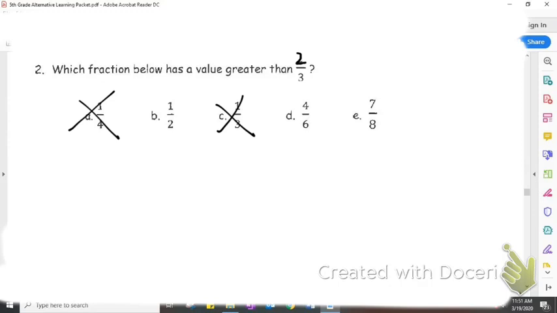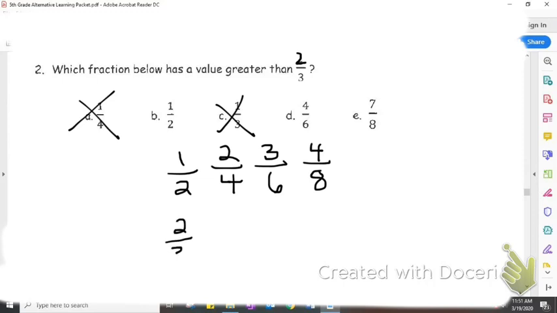Okay, let's look at 1/2. 1/2 and 2/3. We can compare them by finding common denominators. Let's skip count. Aha! Common denominators.